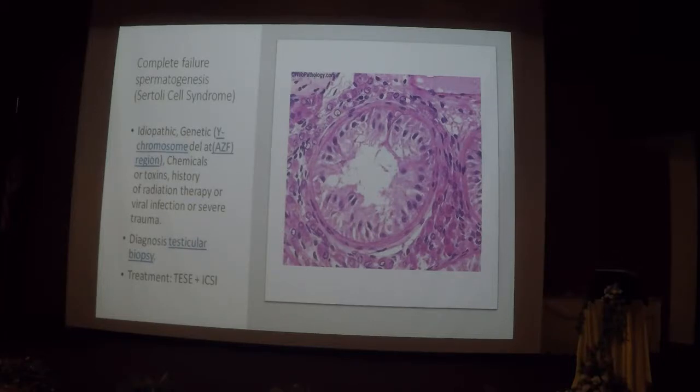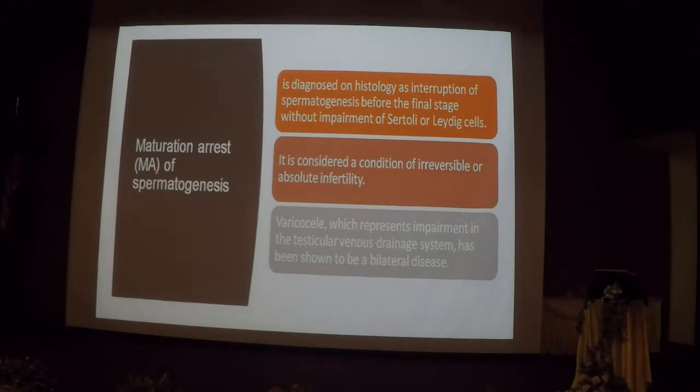There's no spermatozoa. There's another condition called maturation arrest, a testicular problem, diagnosed on histology as interruption of spermatogenesis before the final stage, without impairment of the Sertoli cells or the Leydig cells. So somehow it has arrested and does not become mature spermatozoa.